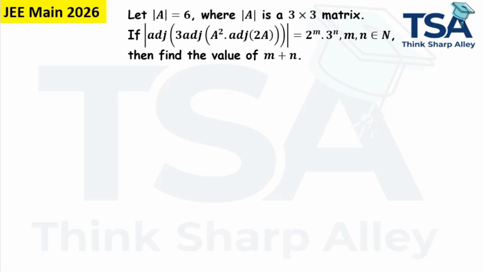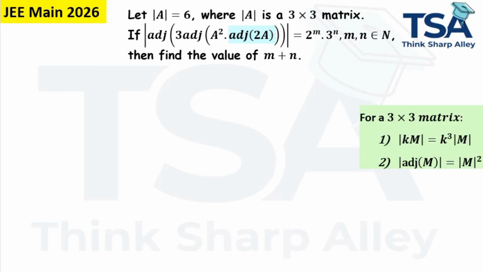Let's dive into the core of this problem. Look at the very center. We have adjoint of 2A. Now think sharp. We know these properties, especially property number 2, which says determinant of adjoint of M is equal to square of the determinant of matrix M for a 3 cross 3 matrix. So here in place of M we have 2A. So determinant of the adjoint of 2A is actually square of determinant of 2A.